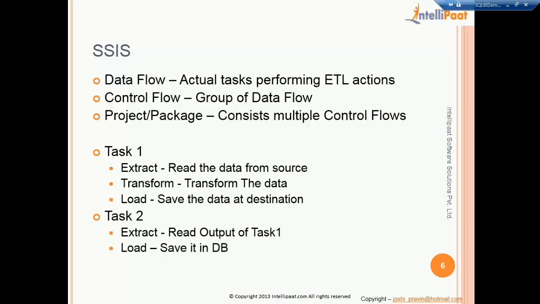Now when you have got multiple data flows like this which does ETL activity, you can group them together. That is called as control flow. For example, you want to do one set of activities and then you want to do second set of activities. You can do it. Now like this, multiple control flows can be stored inside one package, and one or more packages will make your project. So we'll see that.